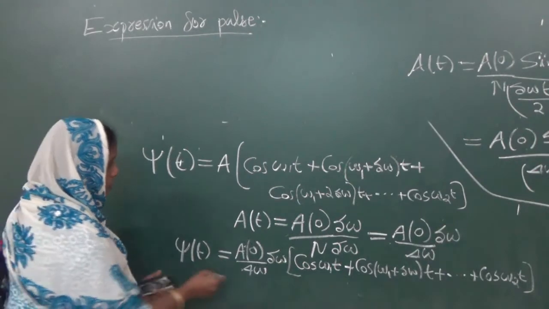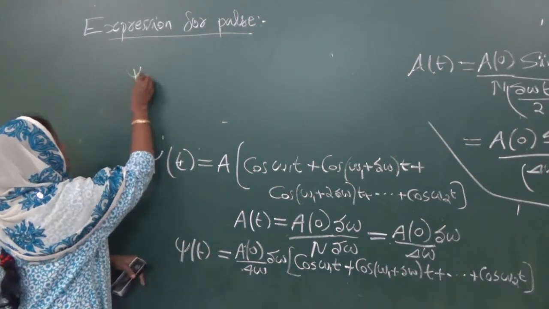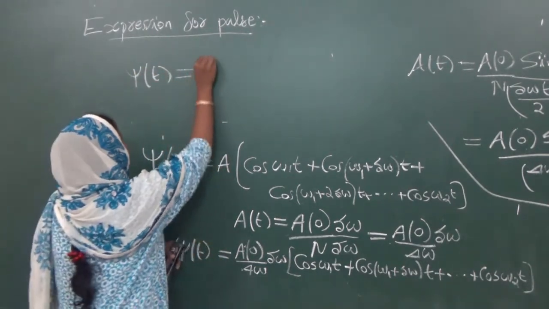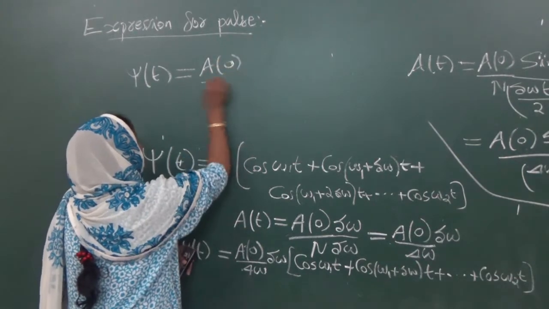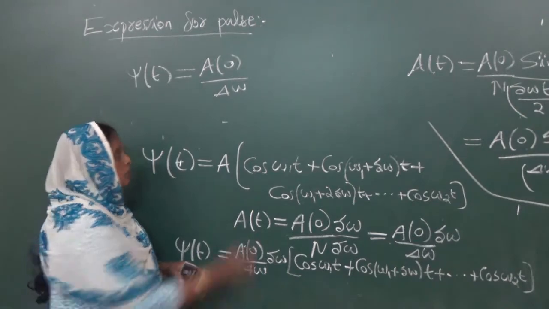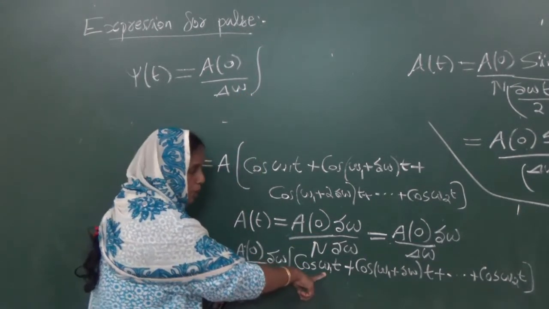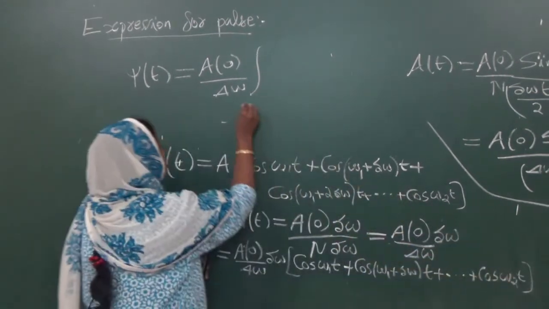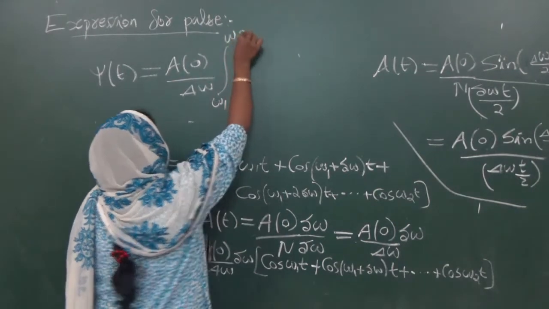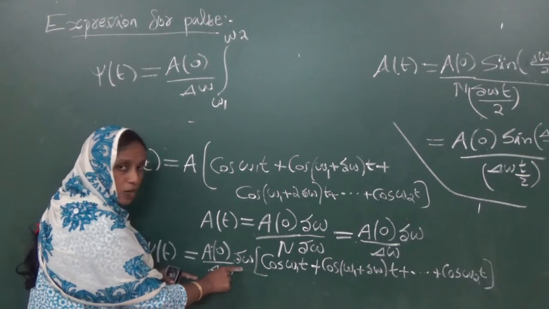Now, transforming this summation to its corresponding integral, psi of t equals A of 0 by delta omega, this part, then comes the integral. Integration starts from omega 1 to omega 2, so lower limit omega 1 and upper limit omega 2. Integration is over this delta omega.